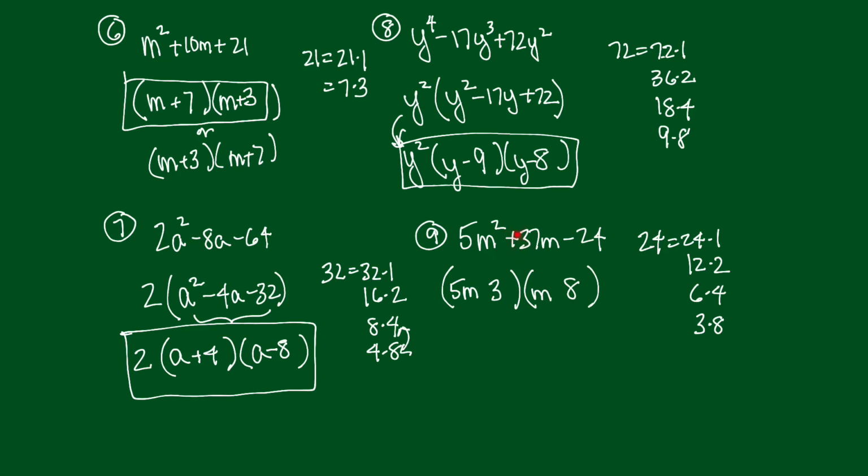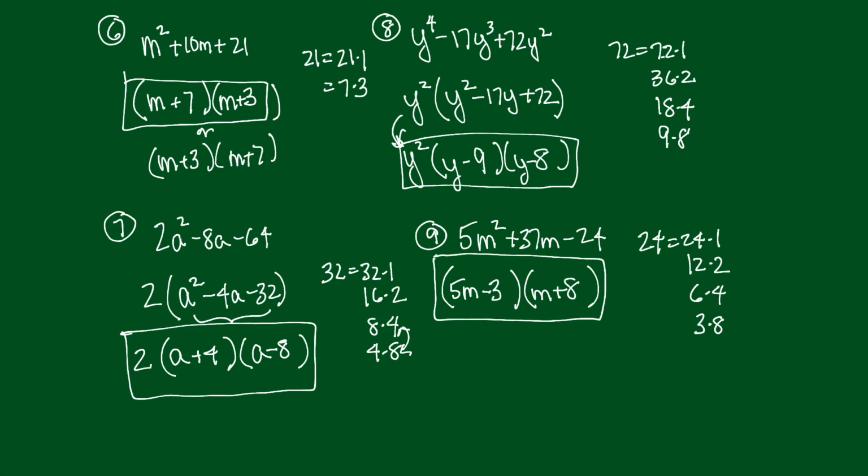That middle sign is positive. So I'm going to put a plus sign with the bigger product. Now this product here is 40m. This inner product is only 3m. So put the plus sign with the bigger one, 40m. So I'm going to put the plus sign right here. That'll give me plus 40. The minus has to go over here. So plus 40m minus 3m is 37m, and we've got it. All right, these take a little bit of work now.